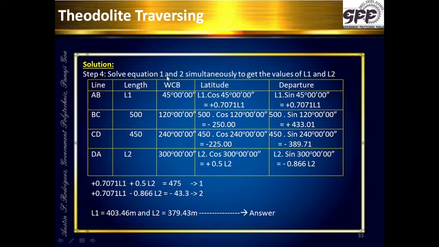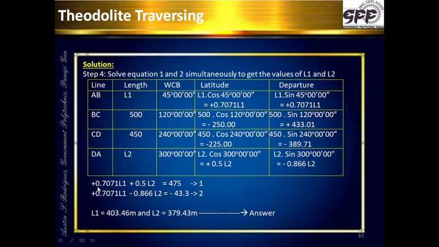Solve equations 1 and 2 simultaneously to get the values of L1 and L2. We can use any of the methods. We can use them as simultaneous equations in order to solve and get the values of L1 and L2.